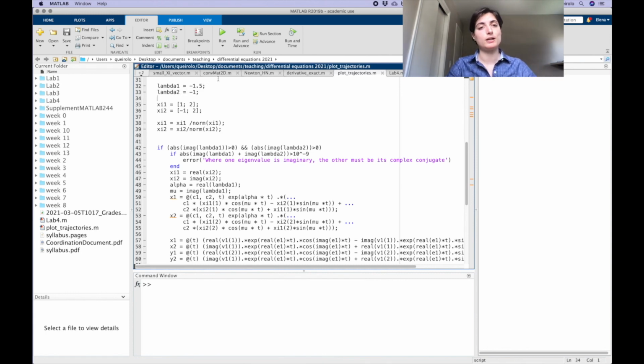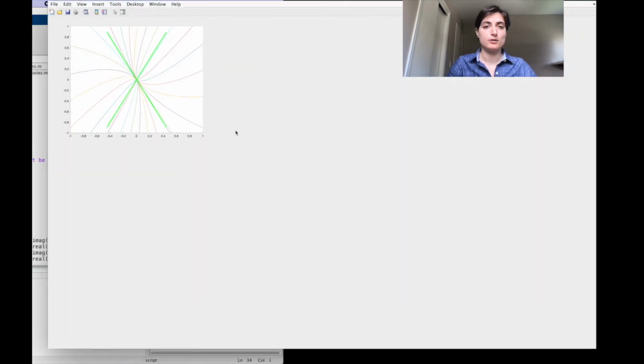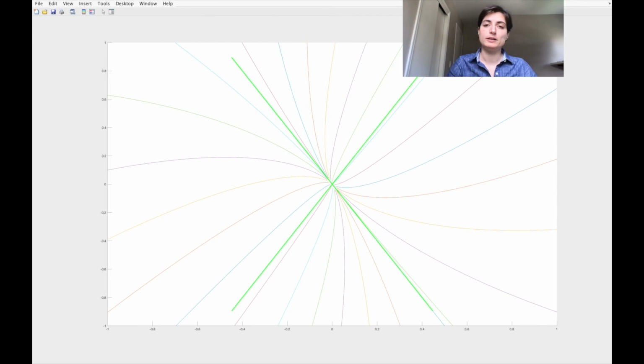The eigenvectors we can choose to make pretty plots, but the behavior will depend on the signs of lambda 1 and lambda 2. And I'm going to run this, and this is what I'm going to be seeing. I could plot it a bit thicker next time, but you see the two eigenvectors drawn in green and the trajectories of the various elements that started around the center and that move towards the center.